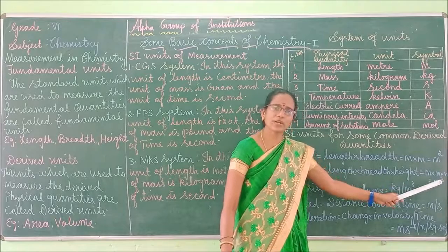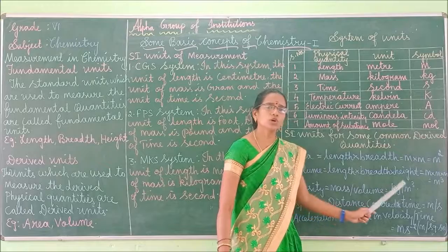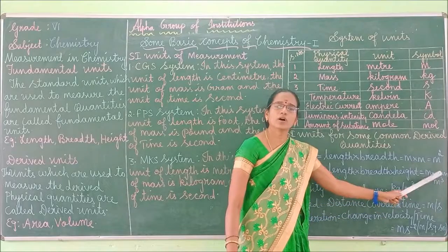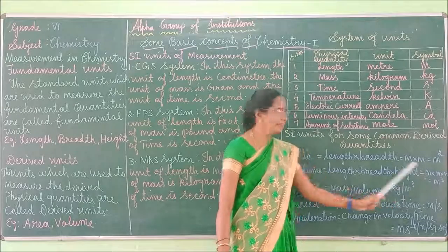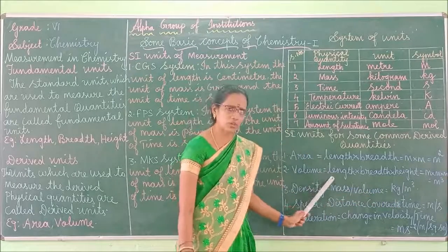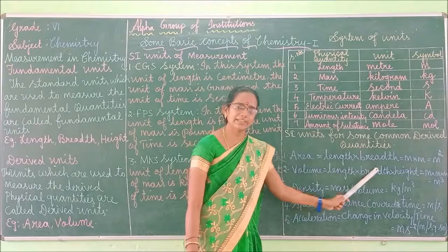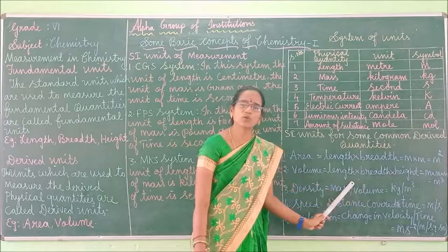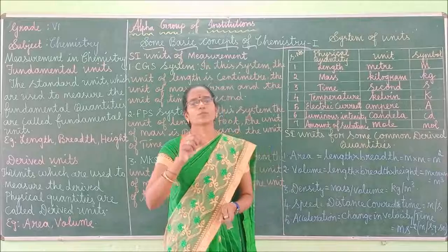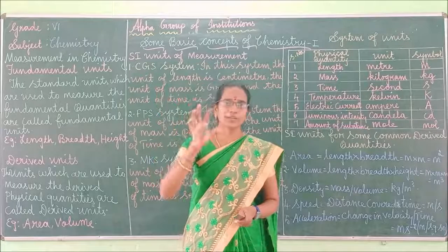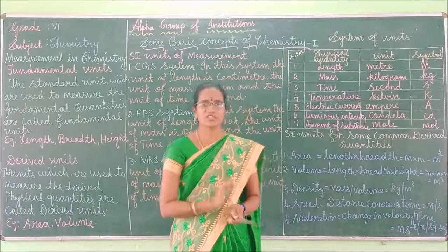M is nothing but meter. So meter cube, or otherwise we can say cubic meter. Got it? Volume is equal to length into breadth into height, that is m into m into m. So we can put m cube or meter cube or cubic meter.